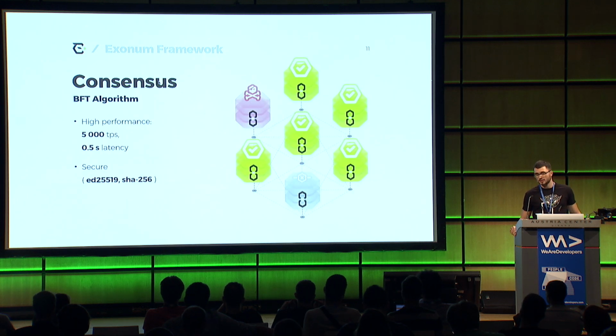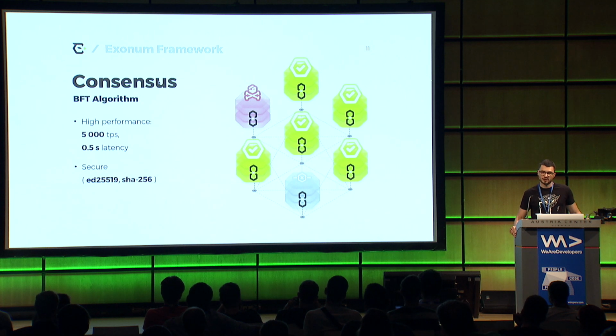What about consensus? We use a BFT-based consensus algorithm. You may go to our website and go through some deep articles with theorems and all the stuff that proves this algorithm. Because of this consensus algorithm, we have pretty good speed.